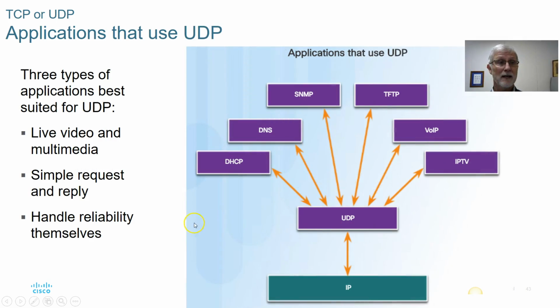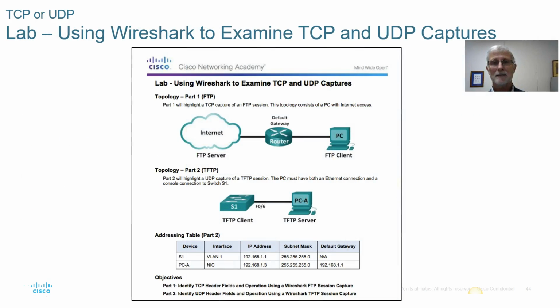Now, UDP, on the other hand, is used for video, multimedia, our ping command, simple requests and replies, and let the application deal with it. So here you've got DHCP, DNS, different email protocols, transfer protocols, voice, TV. When I'm not worried about the reliability of the data, I go through.